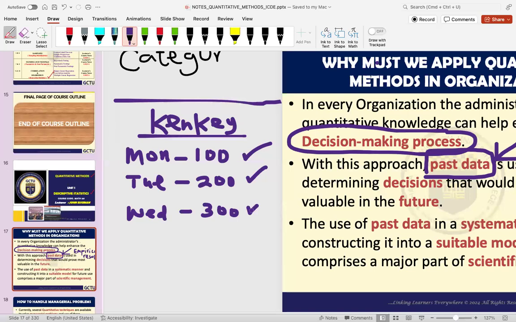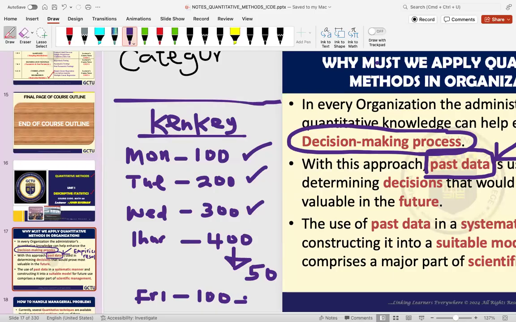All got finished. Thursday, you sent 400. And then only 50 was bought. You sent 350 home. And then probably Friday, because of what happened on Thursday, you went back to the Monday issue. So you sent 100, and then again, only 50 was bought.